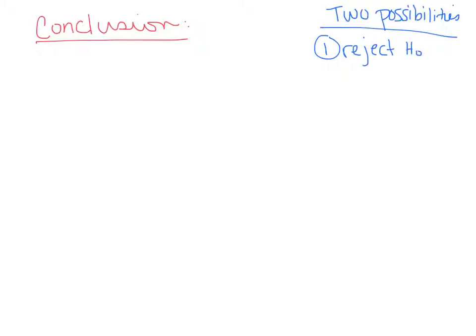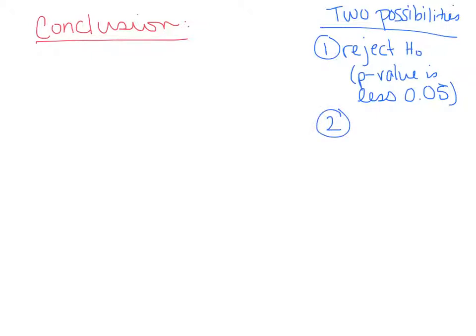You will do that when your p-value is less than a certain amount. In this case, we're going to say less than 0.05. You might use 0.01 or 0.1, but for now we're going to use 0.05. Later on we'll use something different.